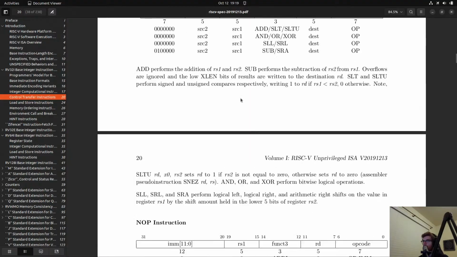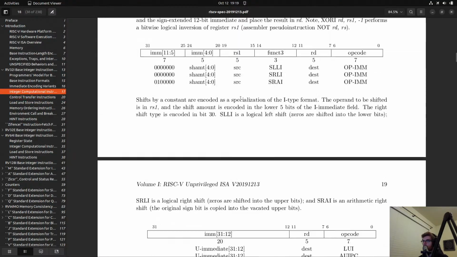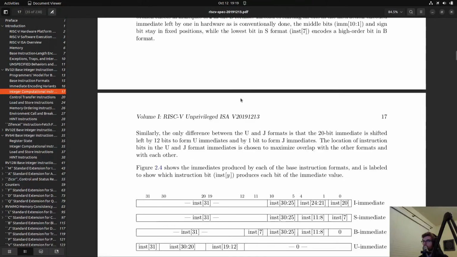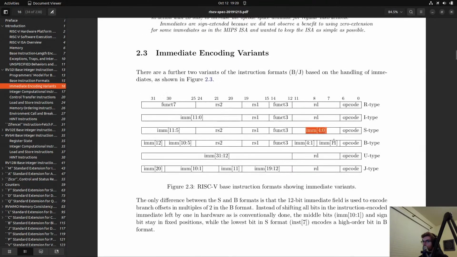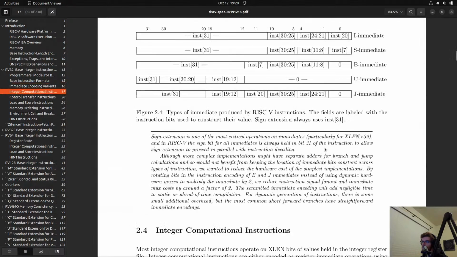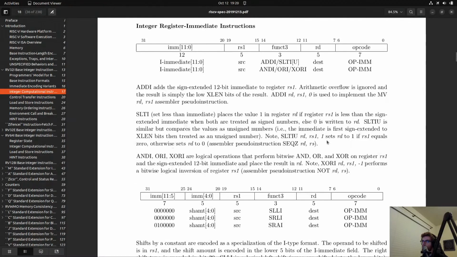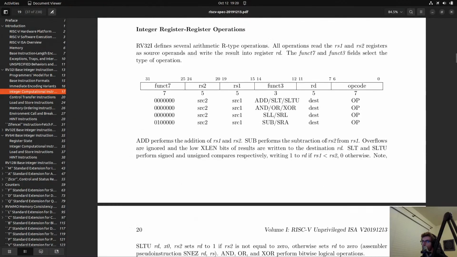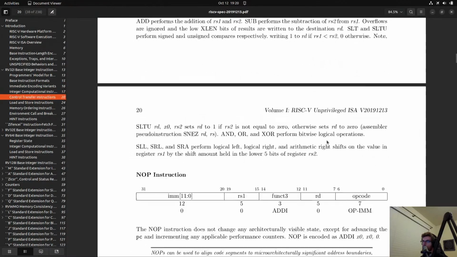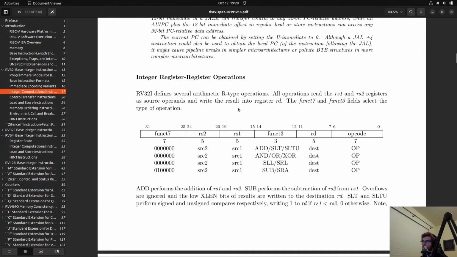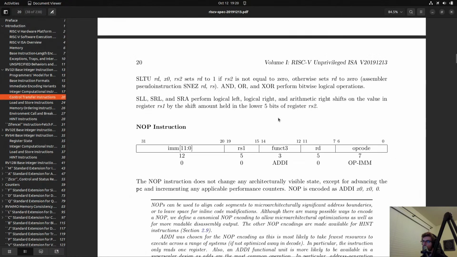Anyway, that's fine. But like I said, we're going to be looking at the bottom 4 here, S, B, U, and J. So let's start with S instructions. We've already done the R type.